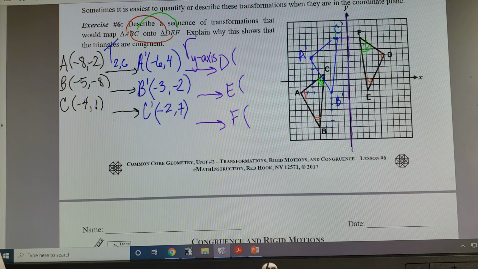C is 2 units away from the y-axis, so when I reflect it, it falls on F, which is perfect. So that would be 2, 7. When I reflect B prime over the y-axis, it's 3 units away. E is 3 units away, so that's perfect. And when I reflect A prime, it is 6 units away, which then gives us D. So perfect.